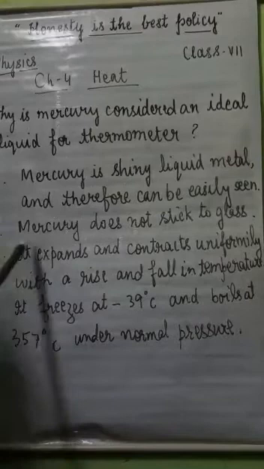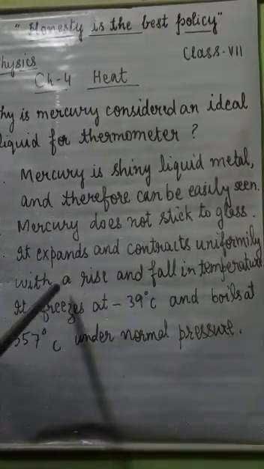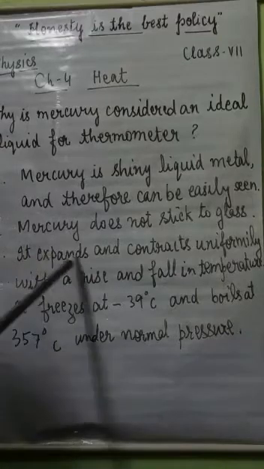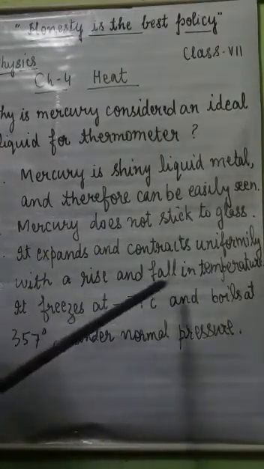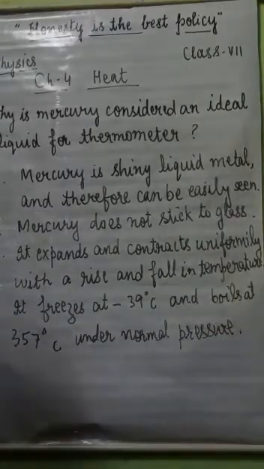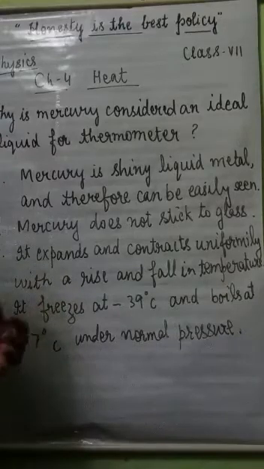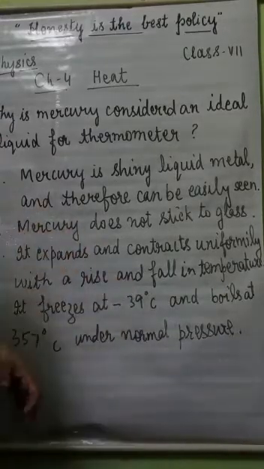Second property is mercury does not stick to glass and it expands and contracts uniformly with a rise and fall in temperature. When temperature rises, it expands, and when temperature falls, it contracts.